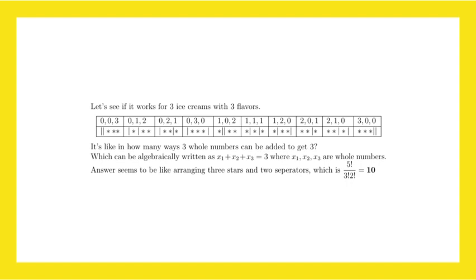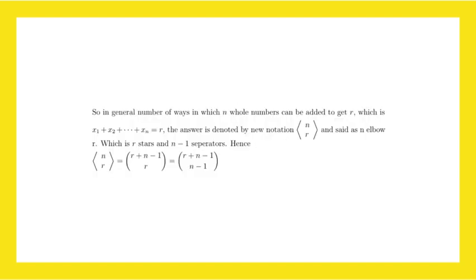So again, we are looking at this problem from the permutations with repetition point of view, and it becomes easy to solve. In general, we can say if there are n whole numbers which can be added to get r, we can write it algebraically as x1 plus x2 plus x3 dot dot dot plus xn is equal to r.